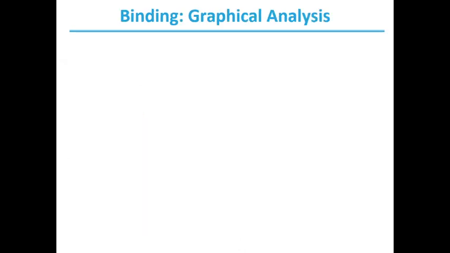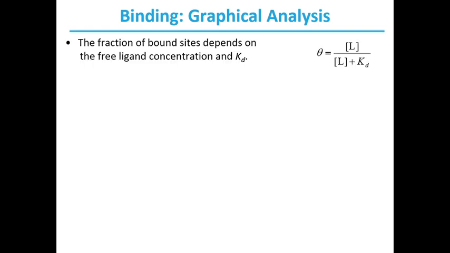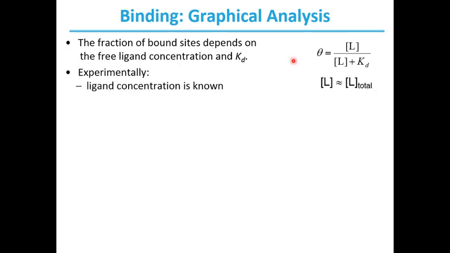The binding of a ligand to a protein can be analyzed graphically. The fraction of bound sites depends on the free ligand concentration and Kd, or 1 over Ka. The equation is this. Experimentally, the ligand concentration is known because when you do an experiment, you always know the concentration of protein and the concentration of ligand.